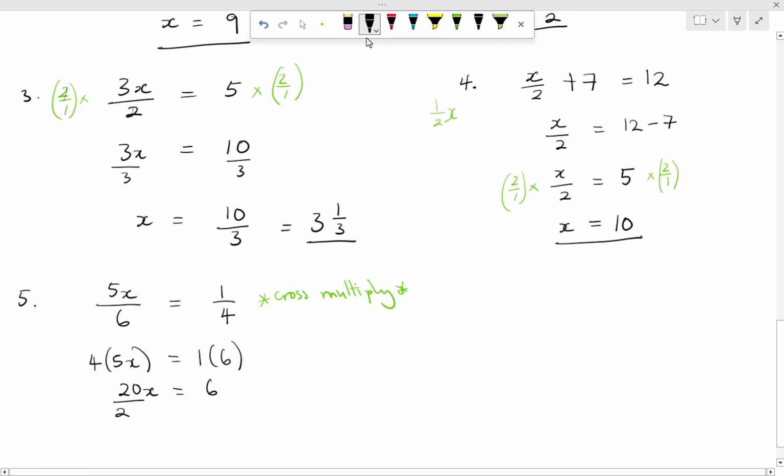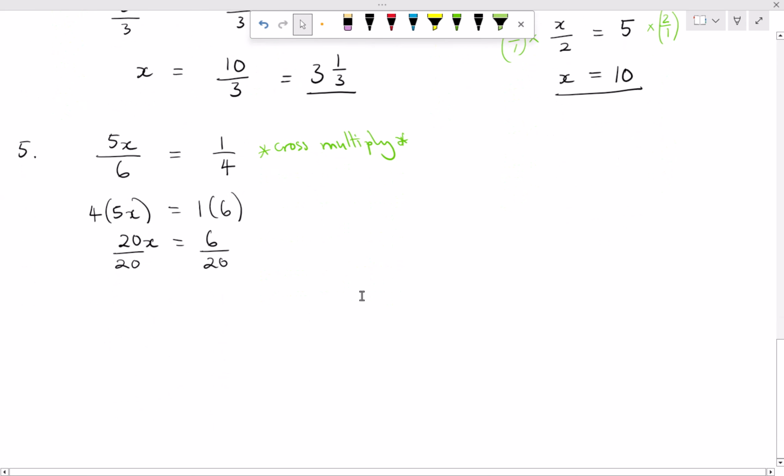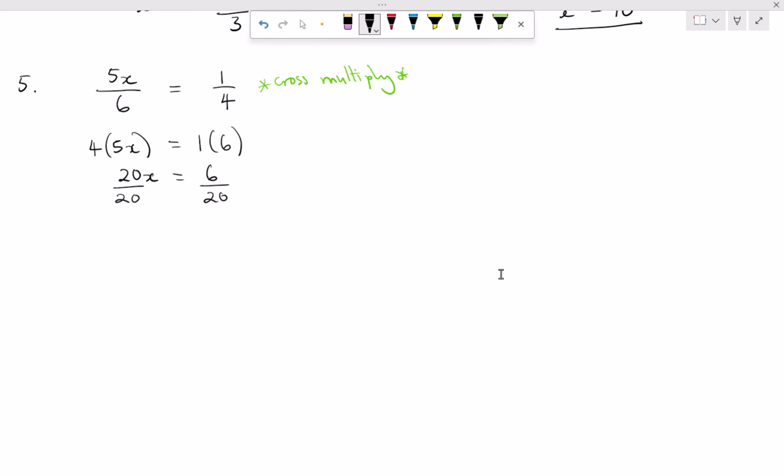Then we divide both sides by 20. When we divide both sides by 20, we have x is equal to 6 over 20. Now we're going to simplify this. So we divide 6 and 20 by 2, and we're left with 3 over 10, because we're dividing both the numerator and the denominator by 2. So our final answer is 3 over 10.